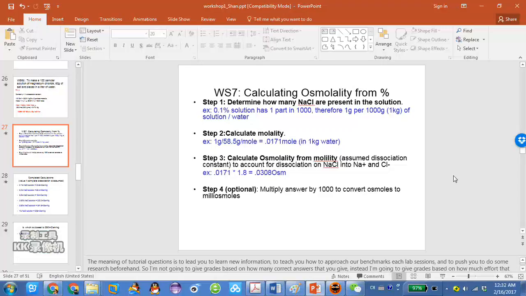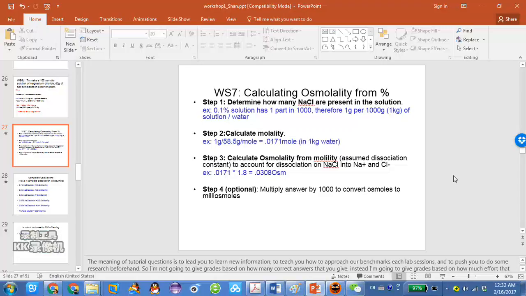The first step is to determine how much NaCl is present in the solution. I'll take the first one, 0.1% NaCl solution, as an example. A 0.1% NaCl solution is a weight percentage solution.